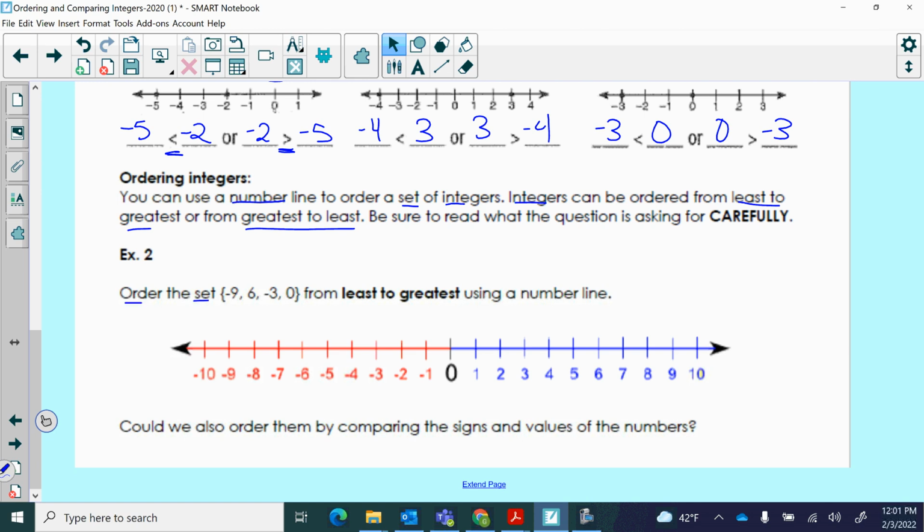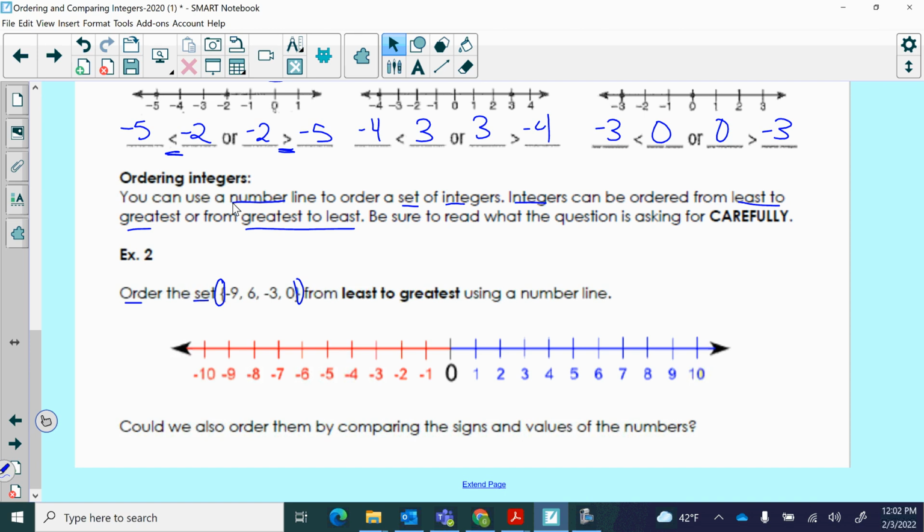Now, order the set. We haven't talked a whole lot about sets, but let me just hit this real quick. In math, one of the things we have is what we call sets of integers. We talked about the different types the other day when we gave the introduction to integers and talked about whole numbers, rational numbers. A set is just a group of numbers. Normally, you're going to see something like brackets, like this right here. That tells you I'm looking at this entire set.